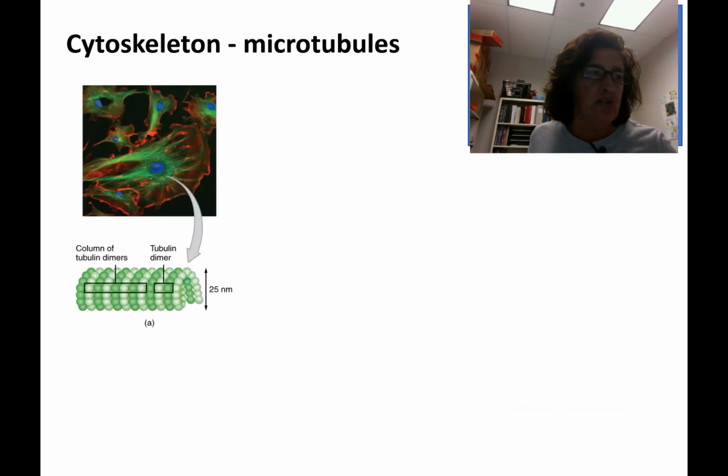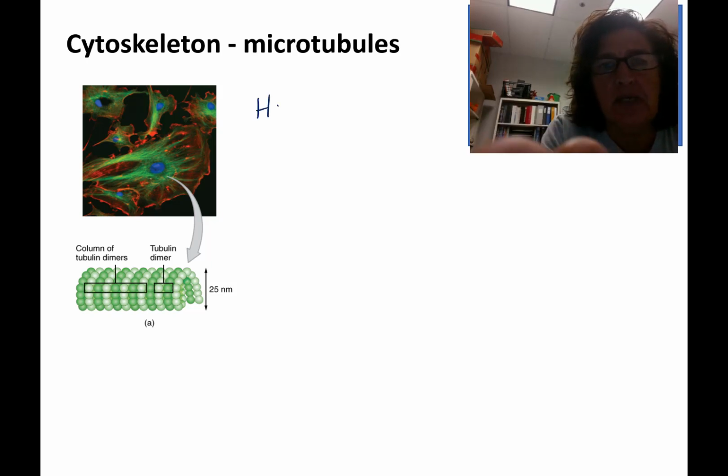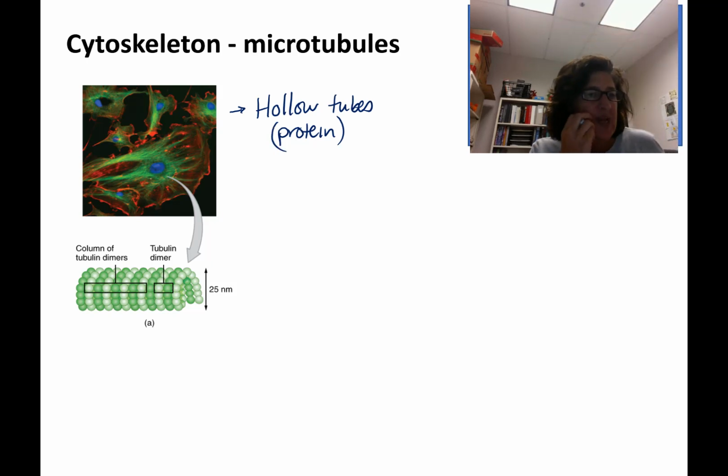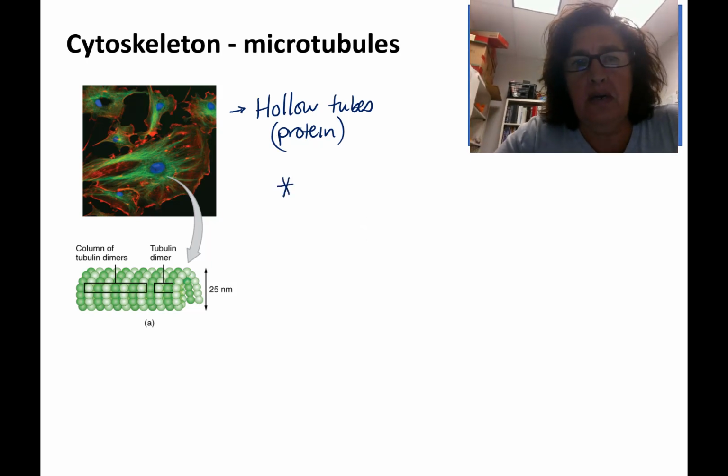So, microtubules. If you were going to describe them, they are hollow tubes. Right? Remember, made of protein. Some of their functions in the cell, they're like the train tracks.